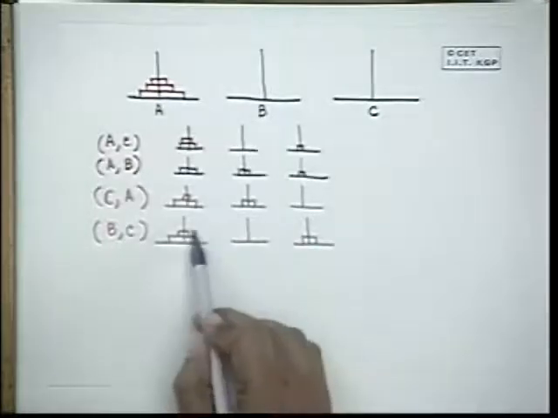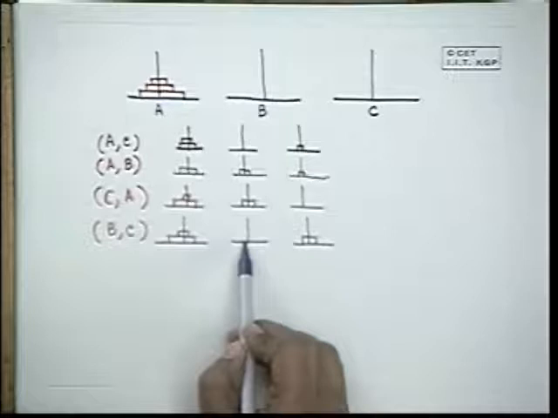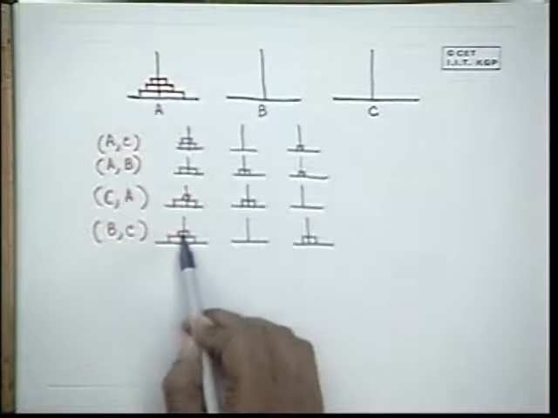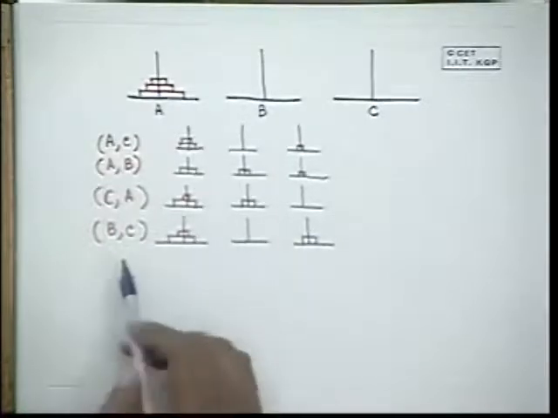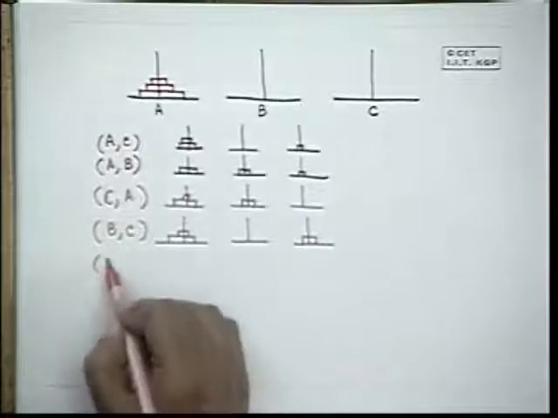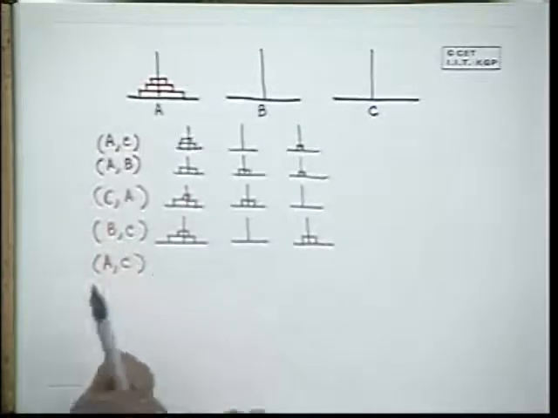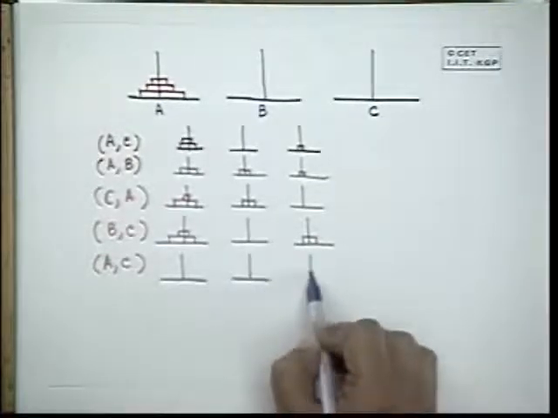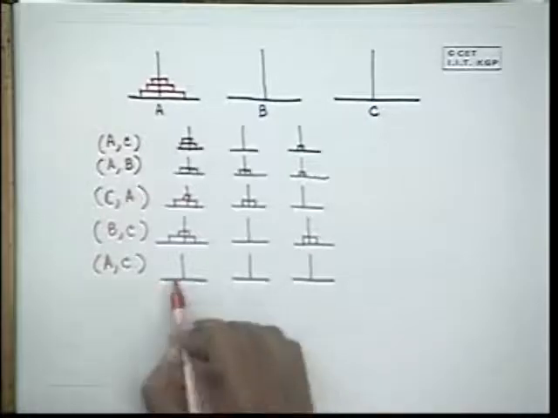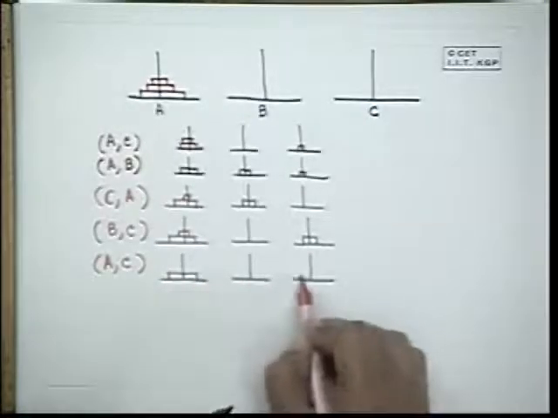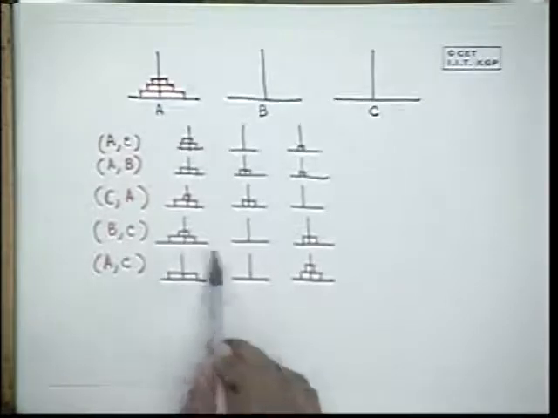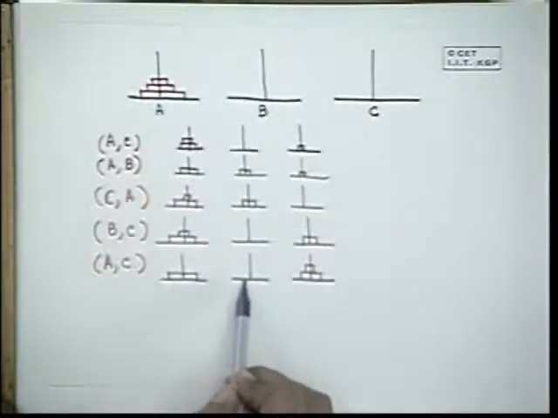The next alternative, I can move this one here, but then I will not be able to move much, because I'll have to move this one back here. Because if I move the smallest one here, so the alternative that I have now at my disposal is A to C. So it seems we have reached somewhere, because now we can move at least C to its position.